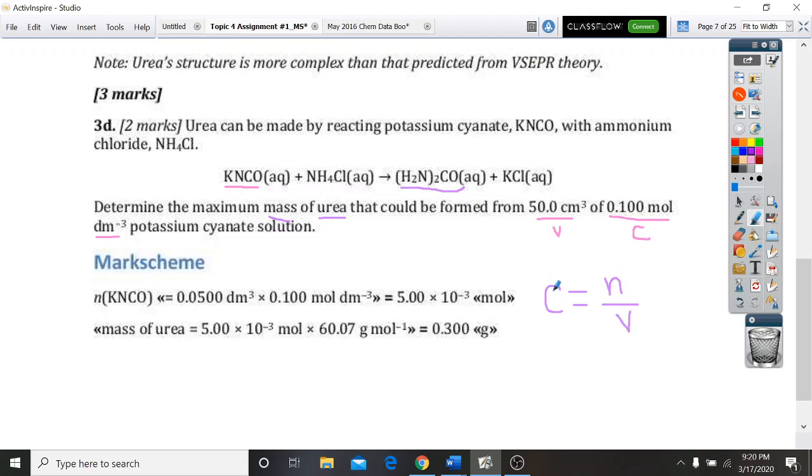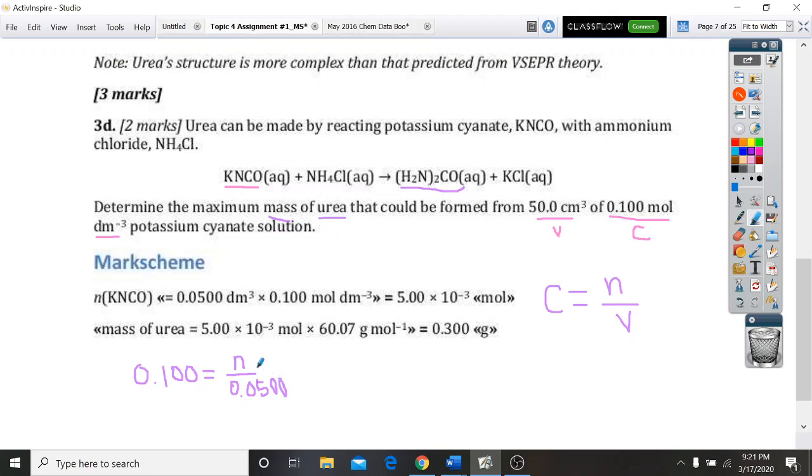And so C is going to be the 0.100, and V, remember, is always in decimeters cubed. So that means you're not dividing by 50, you're dividing by 0.0500. That's just me maintaining the significant figures, okay?